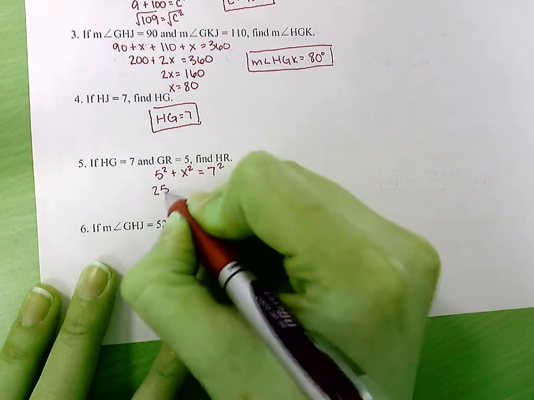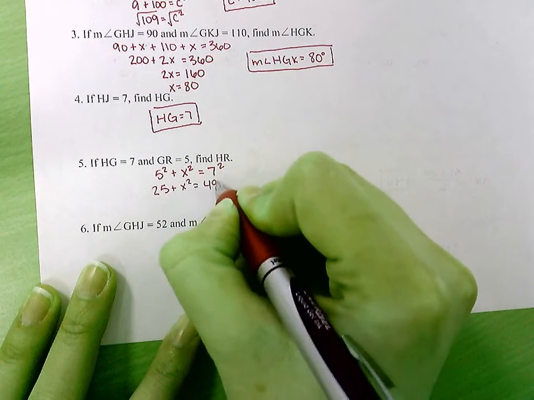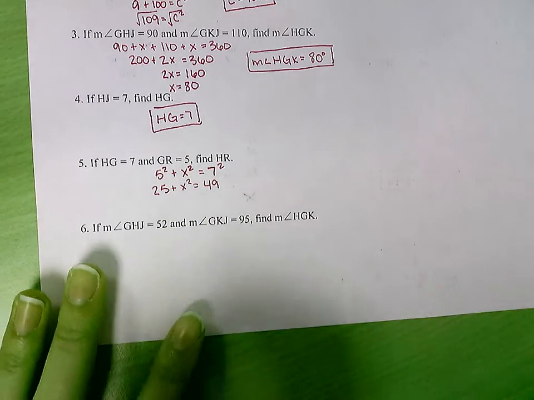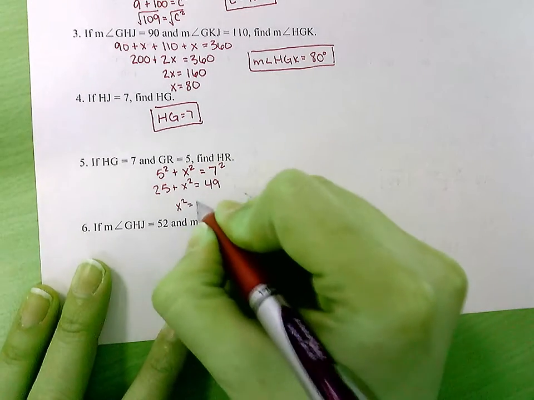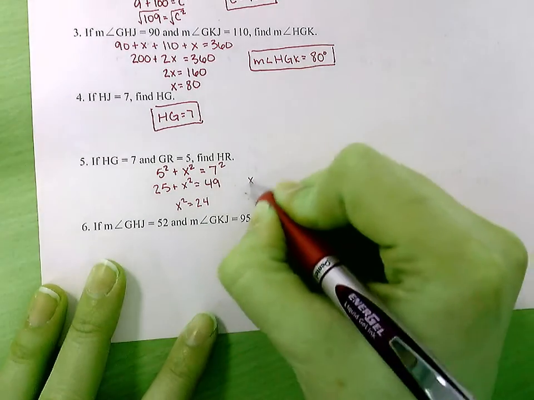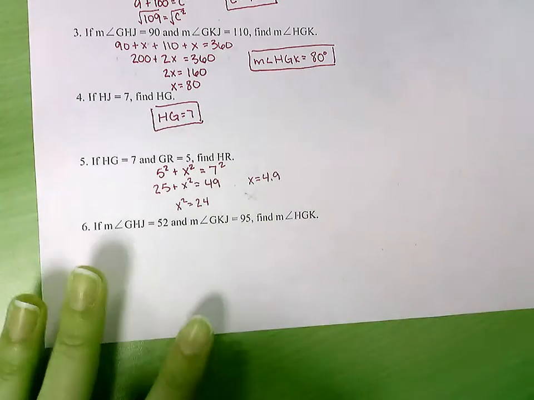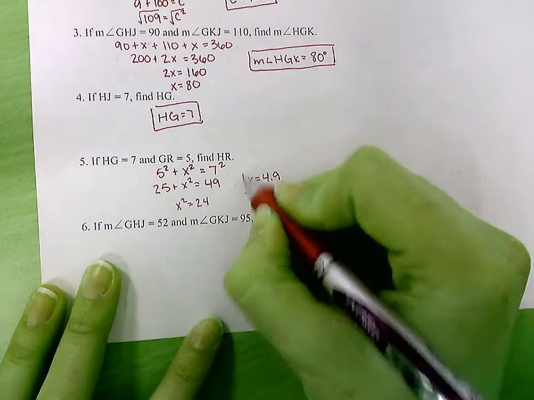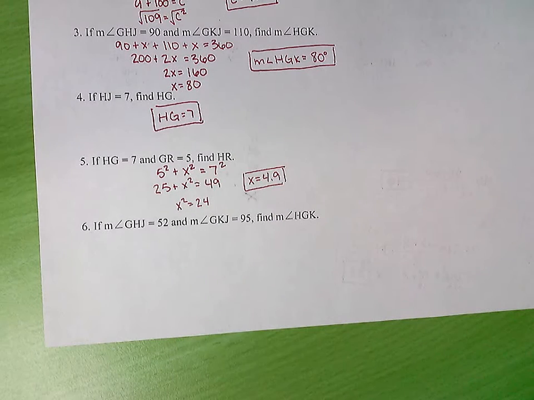So we have 25 plus x squared is equal to 49. So x squared is equal to 24. So I got HR is 4.9 if I take the square root of 24. Make sure you're writing 7 squared as the hypotenuse, not one of the legs.